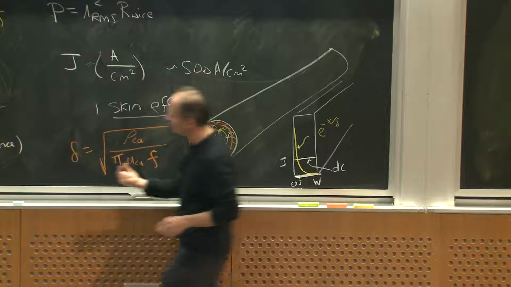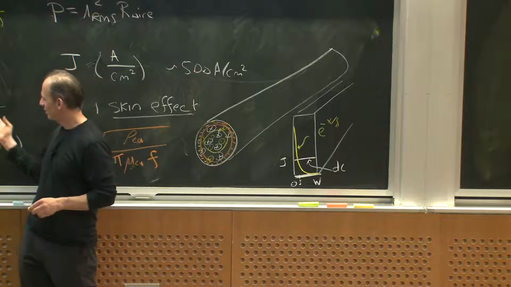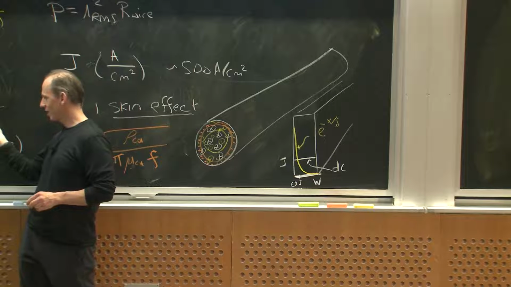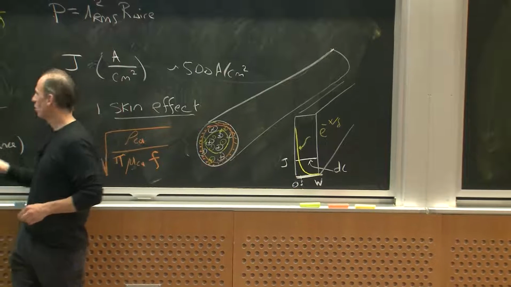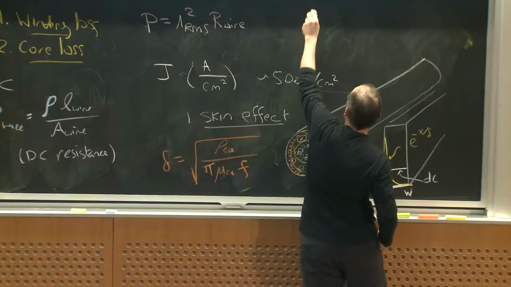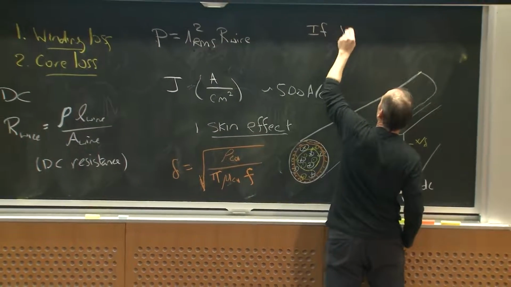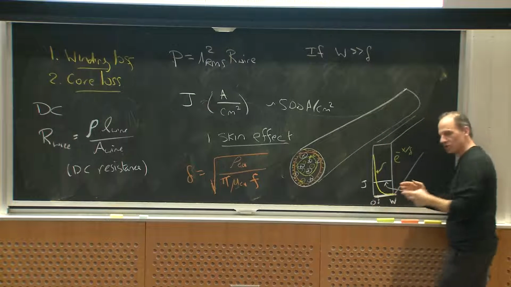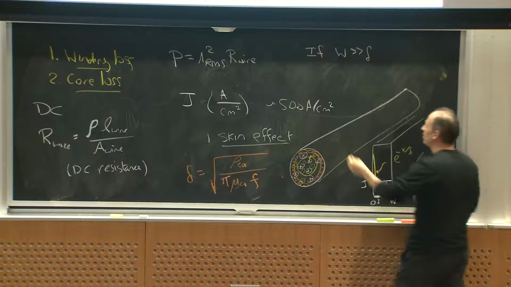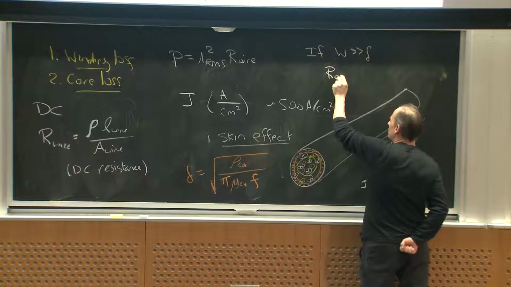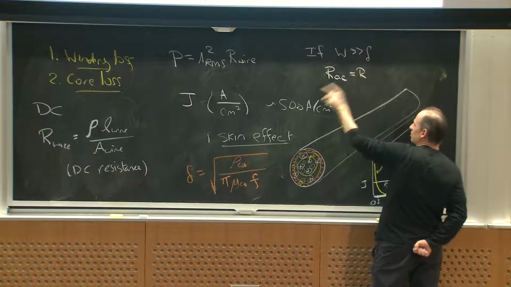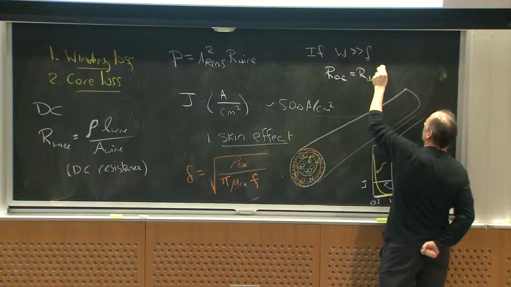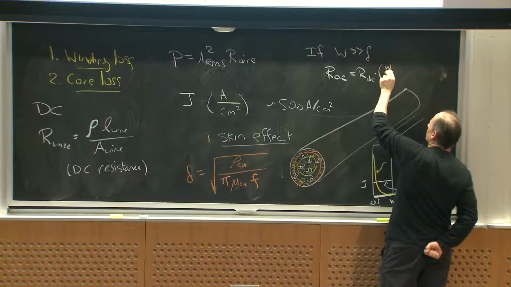So instead of having the area of the wire, which is the height of the wire times the width of the wire, I'd have the height of the wire times delta. Another way to express that is, if W is much greater than delta, if the width of my wire is much greater than the skin depth, then I can write the AC resistance as equal to the DC resistance, which is what I calculated over there, times W over delta.